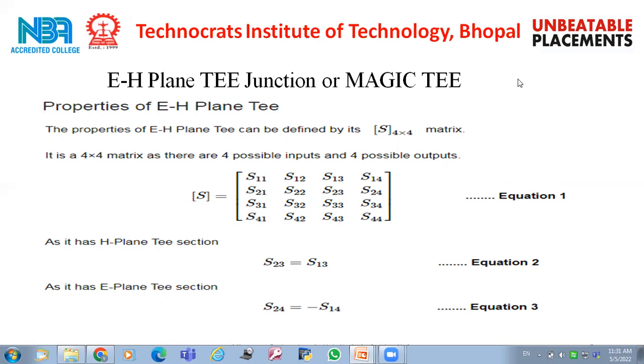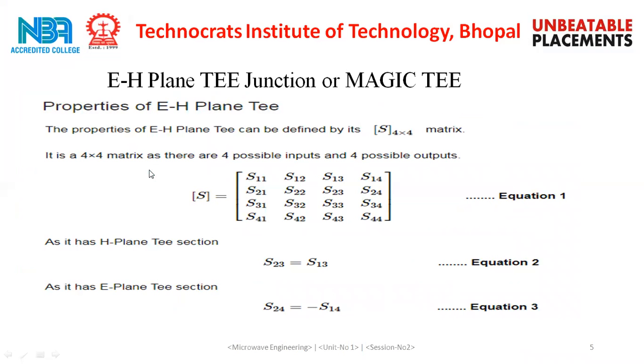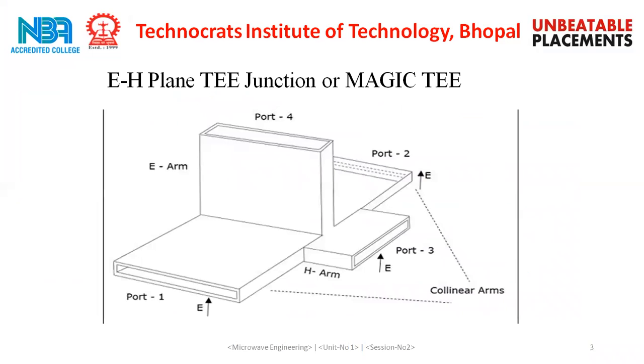Now, according to our property of the H plane T, we can say that input from port 3 will be equally divided between port 1 and port 2, and of equal value.